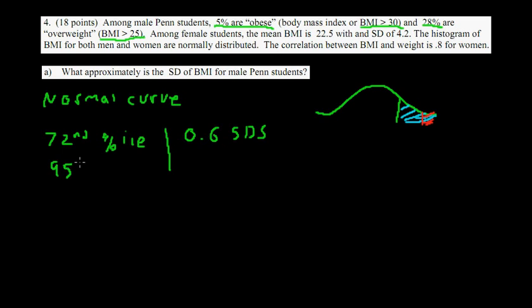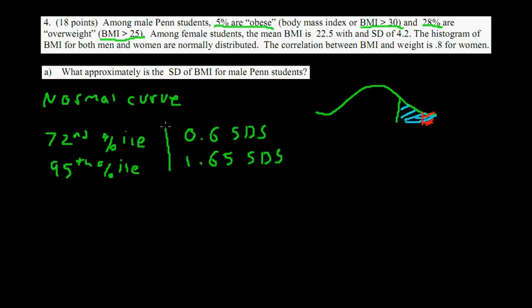So the 95th percentile corresponds to about 1.65 SDs. Remember, that means standard deviations away from the mean. So we need to solve for the SD of the BMI for male Penn students.